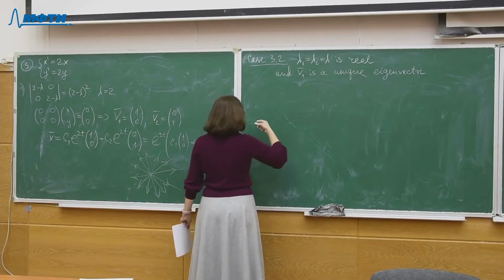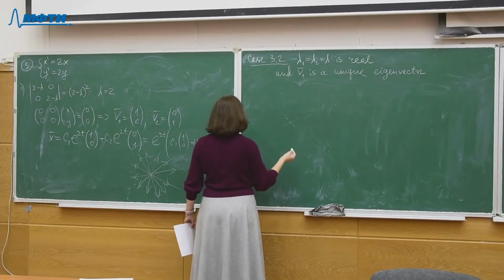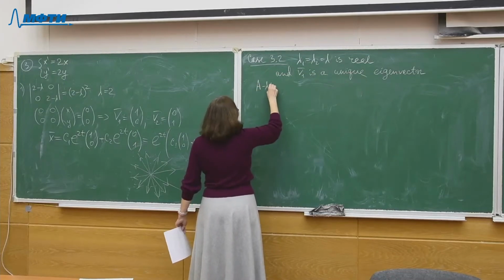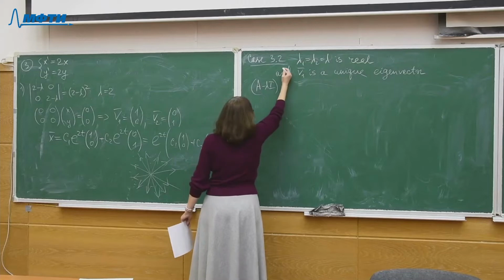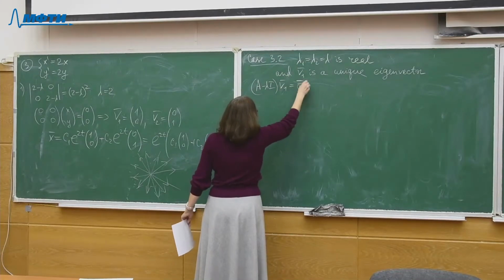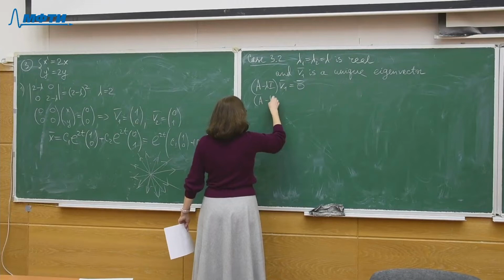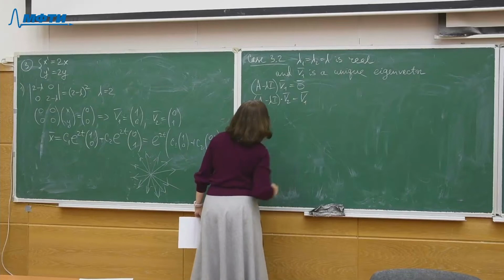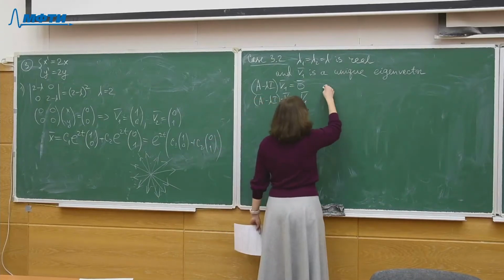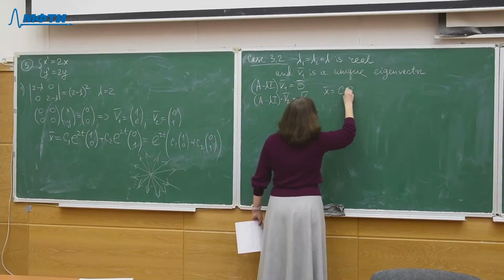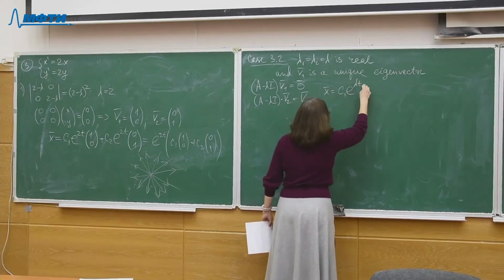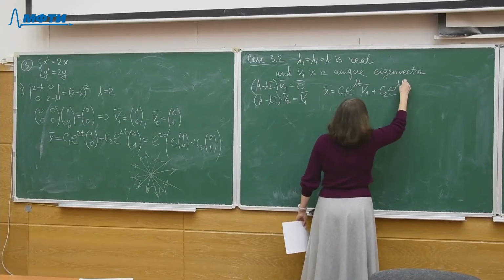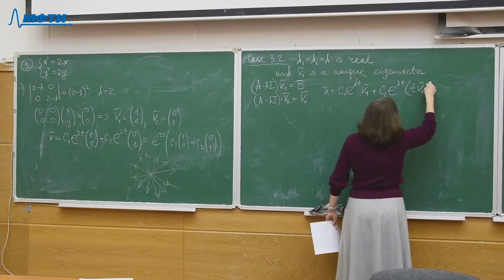So this means that we have a Jordan cell and Jordan chain: (A minus lambda I) times v1 is 0, and (A minus lambda I) times v2 is equal to v1. And in this case, the answer is given by c1 e to the power lambda t v1 plus c2 e to the power lambda t (v1 t plus v2).